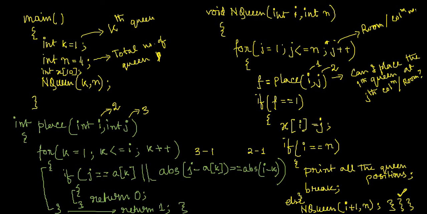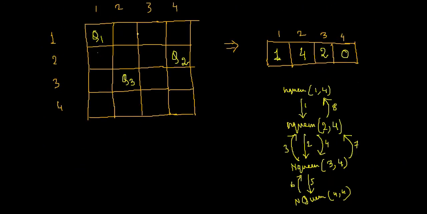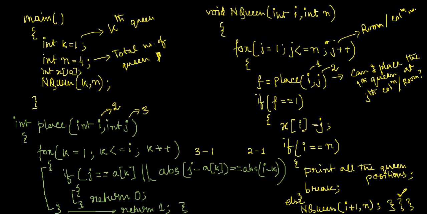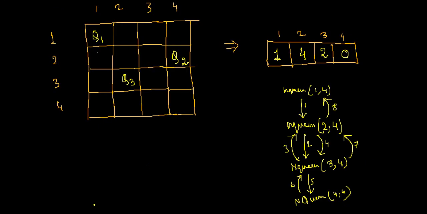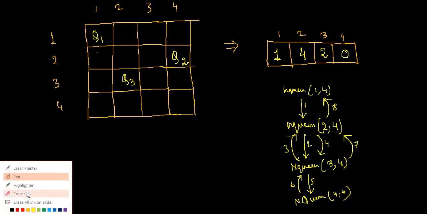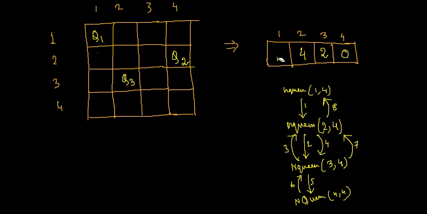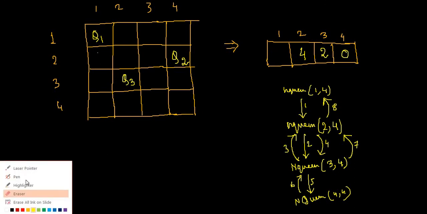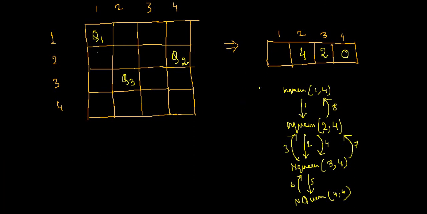And you see, obviously from this diagram you can place it. Naturally, for k equal to 1 it is true because it's the first queen, you can place it. So what will happen? This queen 1 will be replaced, 1 will be replaced by what? It will be replaced by 2.